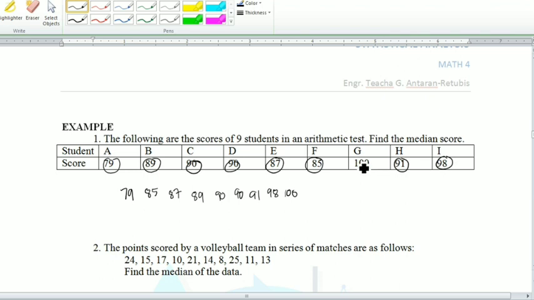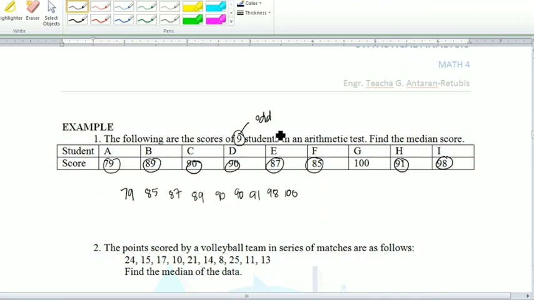Okay? So, after arranging it, by the way, I arranged it in ascending order. After arranging it, you have to determine if the number of samples is an odd number or an even number. So in this case, our number of samples is 9. So obviously 9 is an odd number.